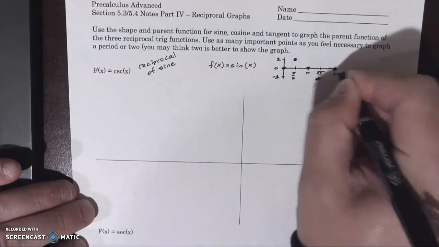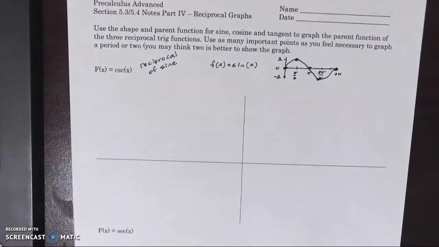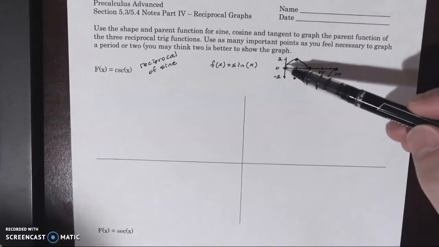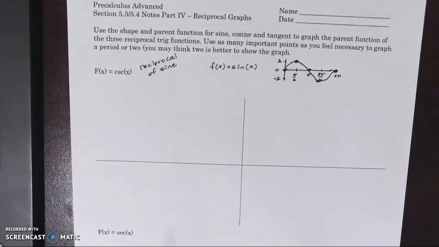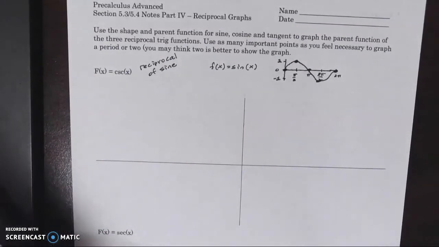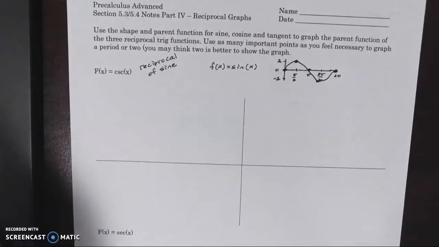Remember, these values basically come straight off of your unit circle, where we think about one cycle of the sine graph. Up to 1, down to -1, starts at 0, pi over 2, pi, 3 pi over 2, and 2 pi. So really, why we're doing this in a remote learning environment is that we want you to see some connections between this graph and the cosecant graph.